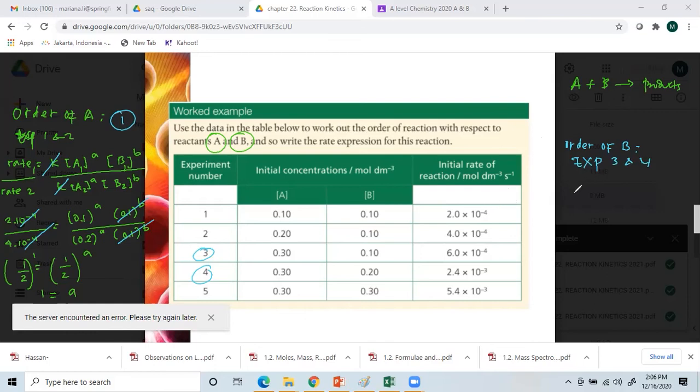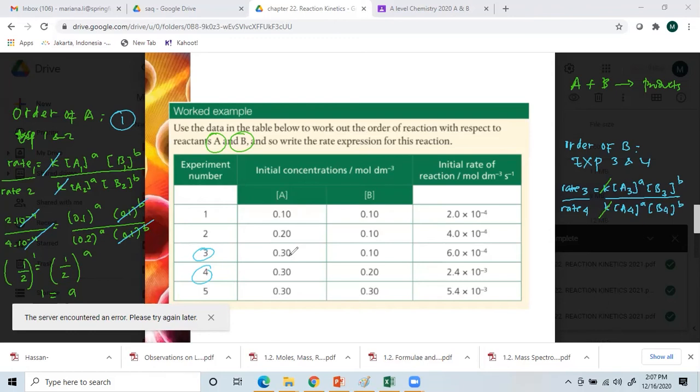So rate at experiment 3 equals k times A at experiment 3 to the power of a, B at the third experiment to the power of b, over rate at experiment 4. Once again, you can cancel the value of k.